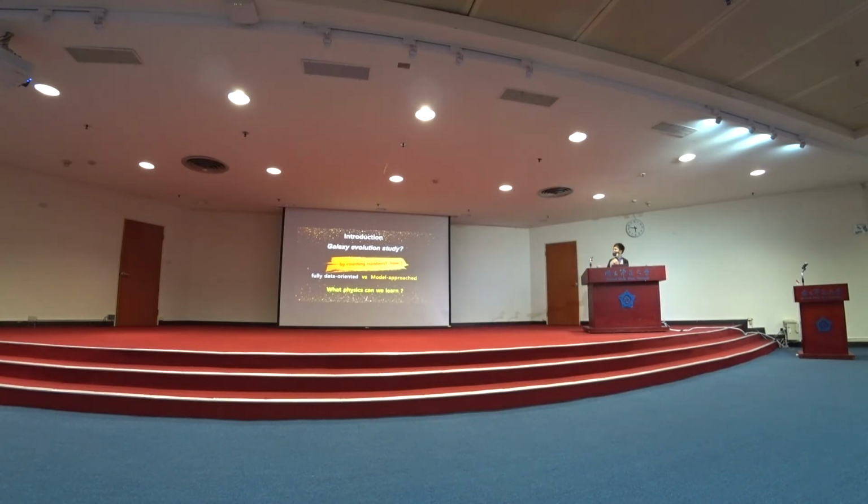On the other hand, in the model approach, we may be able to estimate the history of the evolution, which means we have to take some kind of assumptions. So in this way, what kind of physics can we learn? What would be exciting? Let me explain a little bit about this.